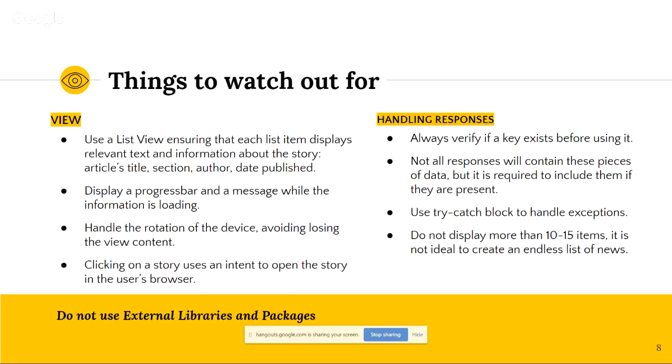And a piece of advice is also do not display more than 10 or 15 items because it is not ideal to have an endless list of news. You can instead show the latest 10 news, for example, related to a topic you chose.